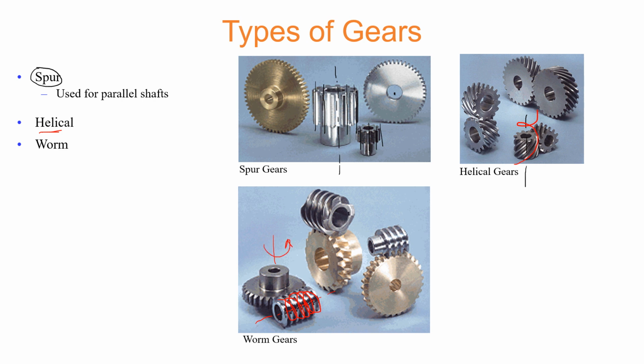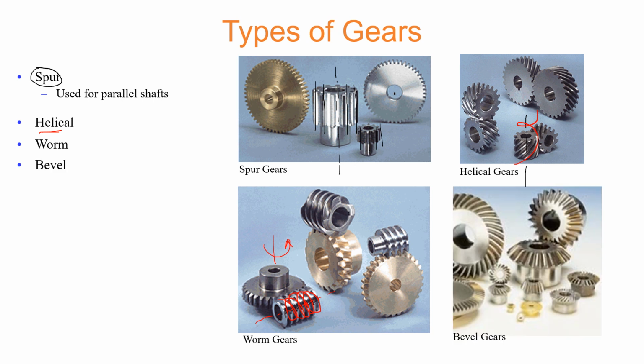Now you can see that obviously the direction of rotation is changing. The axes of the gears are indicating that. But you can also observe that it is a bit differently structured as compared to the helical gears that you have seen previously.